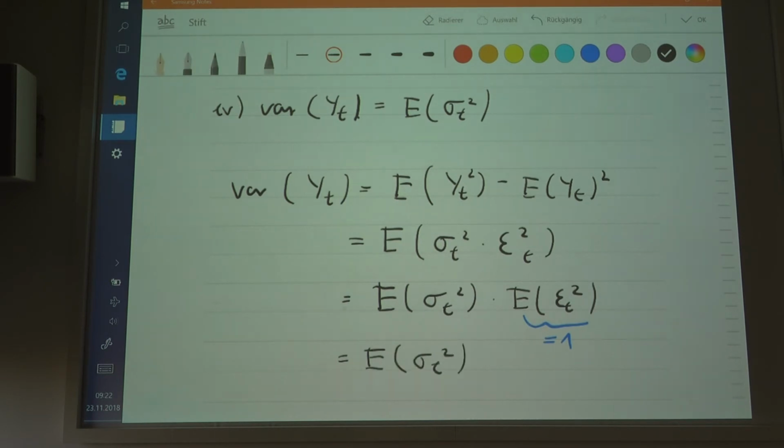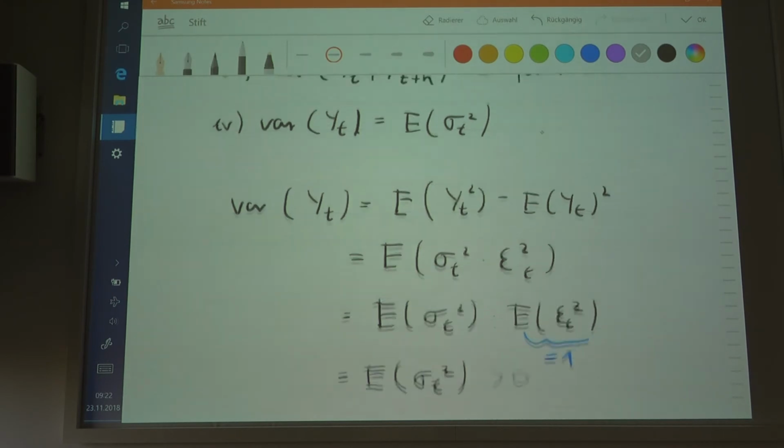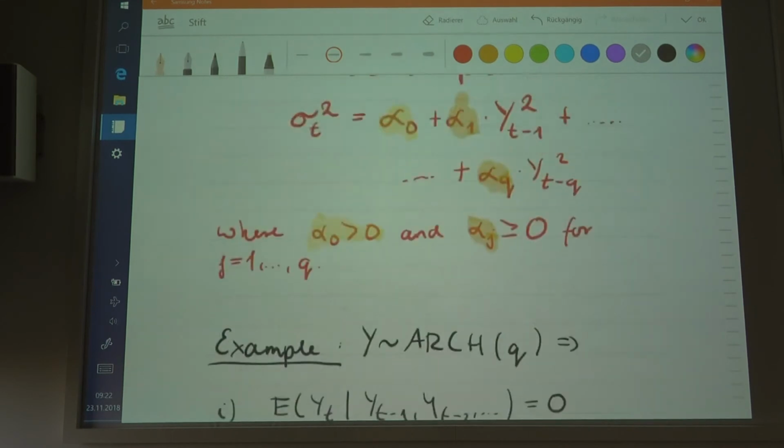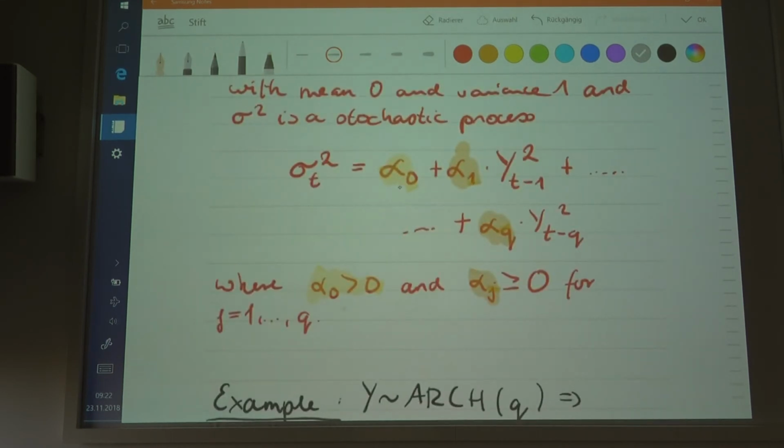Now, it depends on whether it's greater than 1 or not, depending on the dimension of the process, but it's definitely greater than 0. Basically, in such a way that this is greater than 0 is ensured by these conditions, so alpha 0.